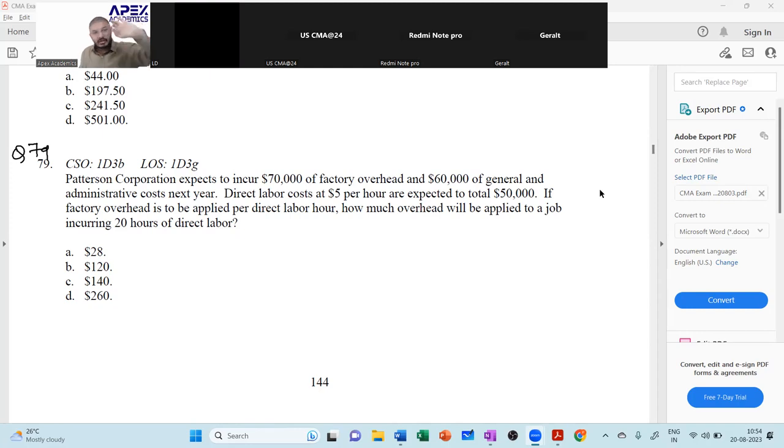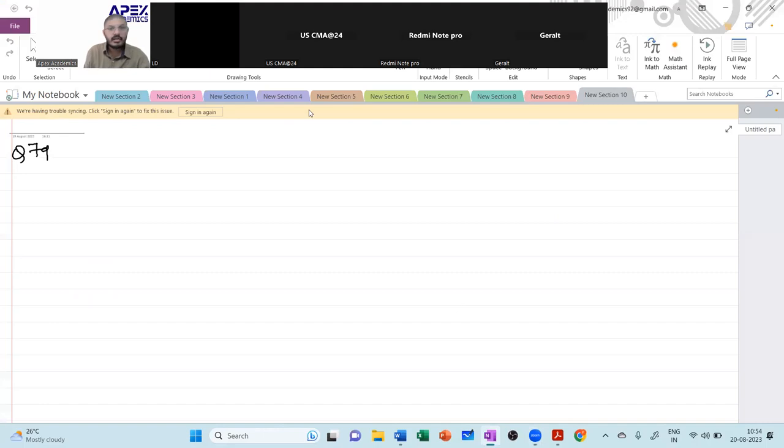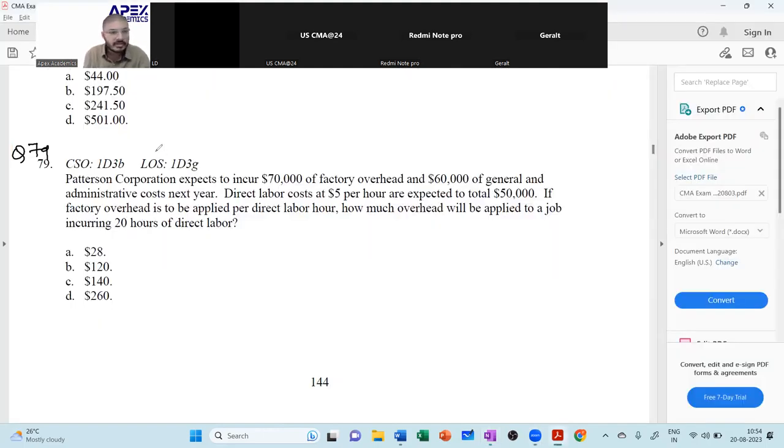Now, what each one of these statements entails needs to be thoroughly understood by the candidate before appearing for the exams. What is the meaning of this? It expects to incur 70,000 and 60,000.